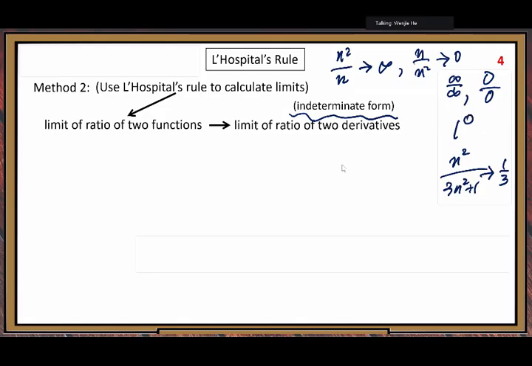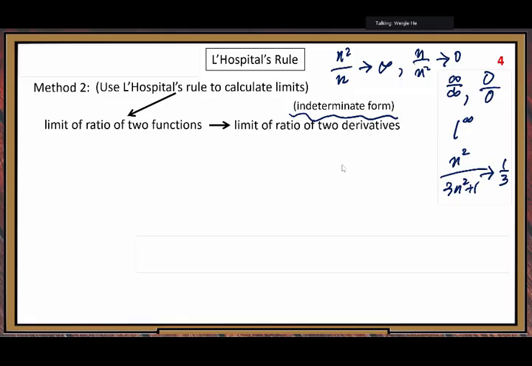How about that? 1 to the infinity is indeterminate. It could be anything.